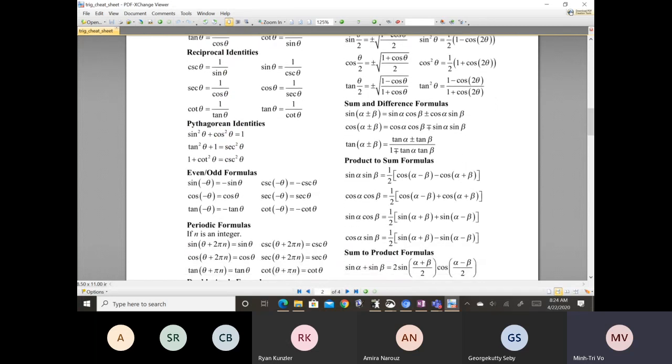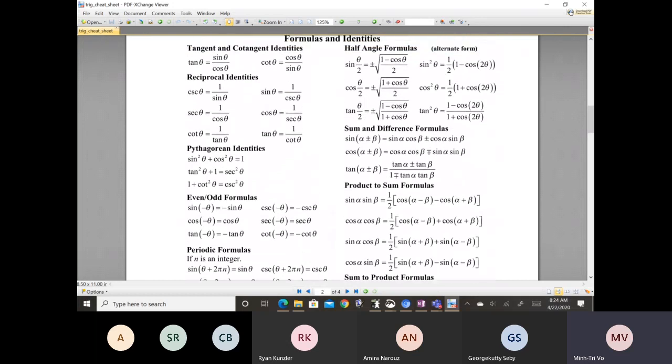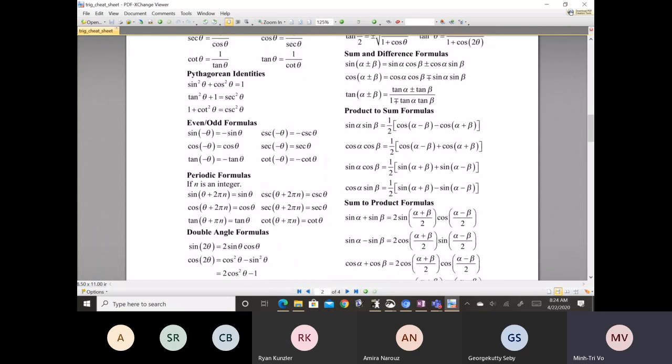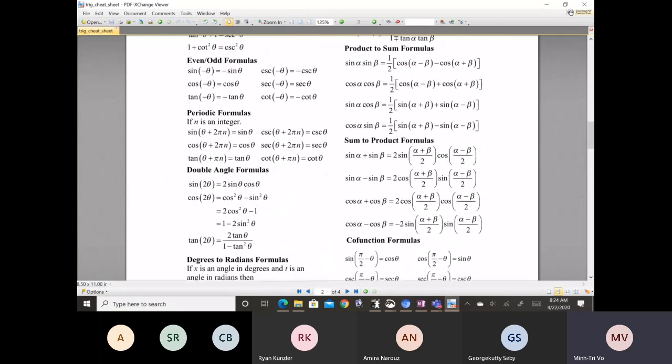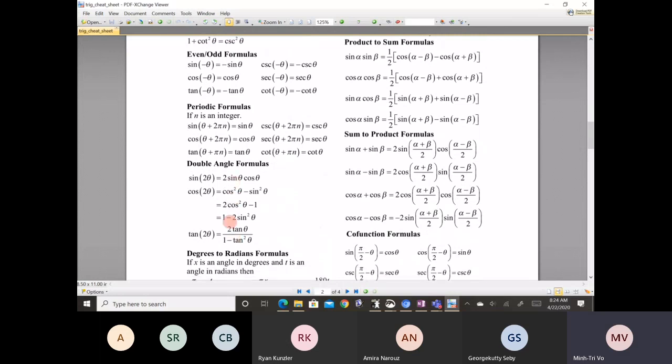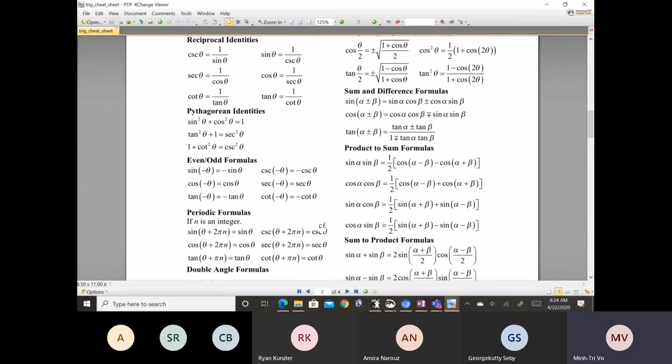Section 9.2, if I remember, is the sum and difference formulas. So that's this here. And then section 9.3 is the double and half angle formula. The double angle formula is here. The half angle formula is here.